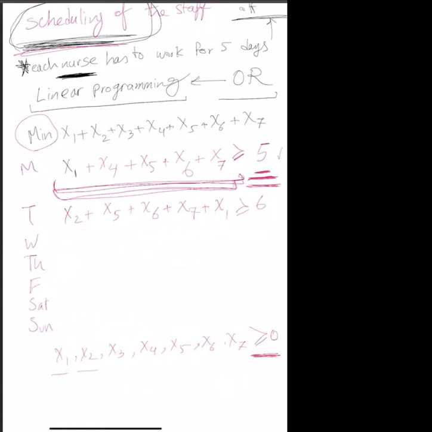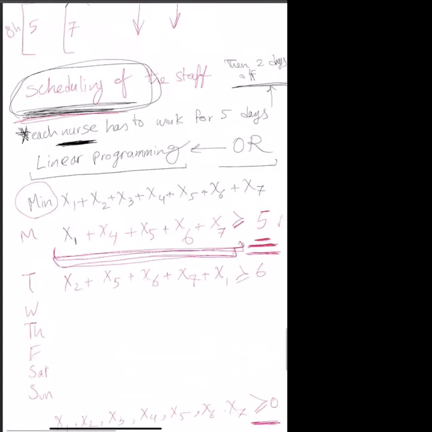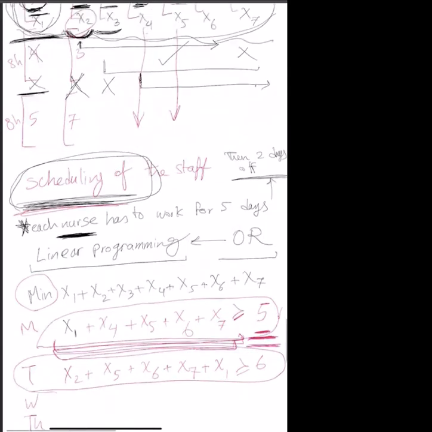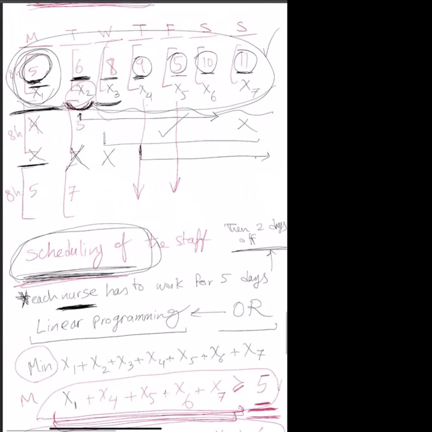What I want this mathematical model to do for me is to find values of x1 to x7 such that the total number of staff that I'm going to have on Monday is greater than or equal to 5. The total number of staff on Tuesday is greater than or equal to 6. Total number of staff on Wednesday, Thursday, and Friday are greater than or equal to what is needed.